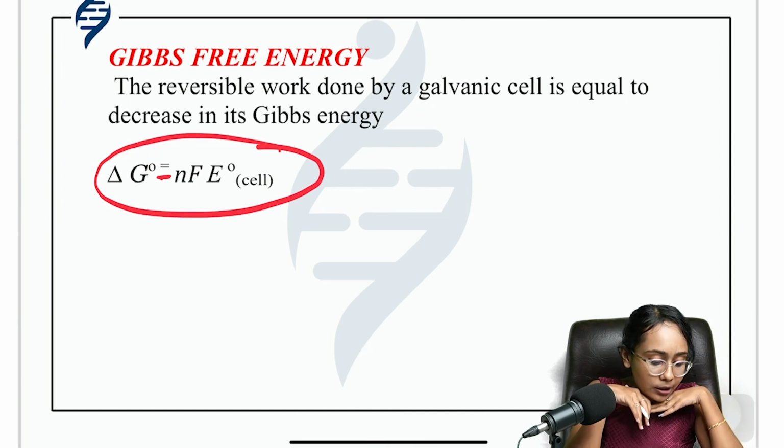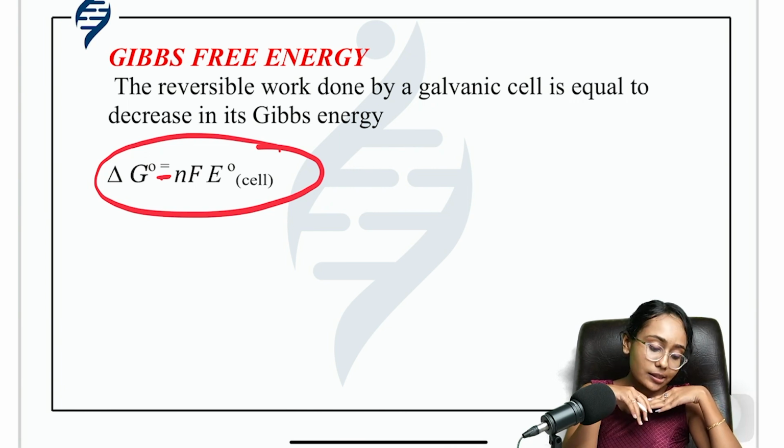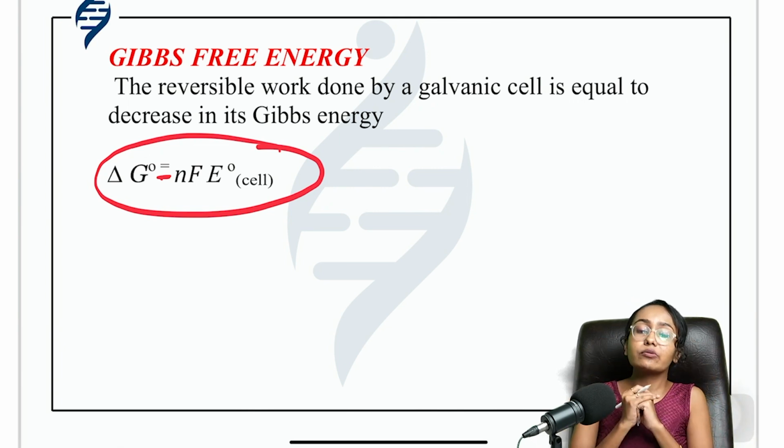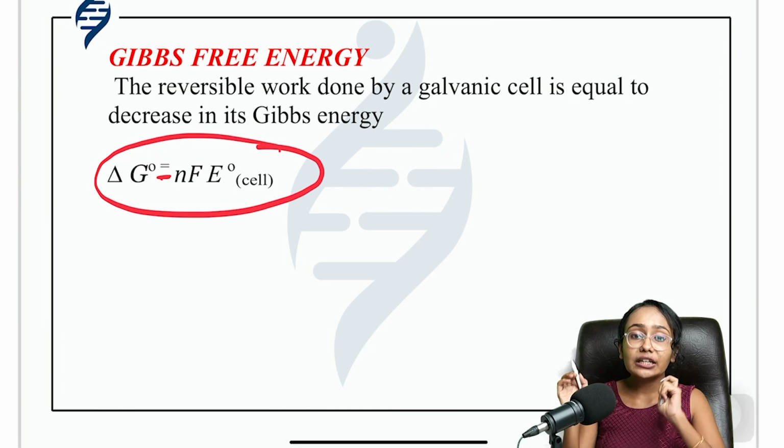The reversible work done by a galvanic cell is equal to the decrease in its Gibbs energy. The decrease is denoted here by the negative sign. So the relation between Gibbs free energy and cell potential is delta G equal to minus nF E cell.